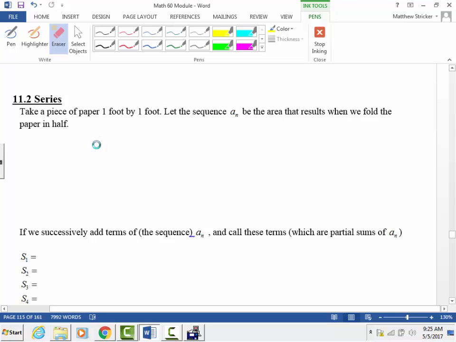So a sub n, the first term is 1. That's the area of this first sheet of paper. Now if I fold it in half, this dimension is still 1, but this dimension is now 1/2. So the area would be 1/2 times 1, which is 1/2.